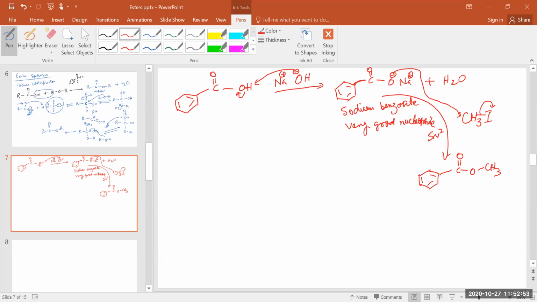Esters can also be synthesized like this. See this acid, when you treat it with SOCl2, this reaction we have seen previously, the OH will be removed and you will get chloride. So here it will be benzoyl chloride.